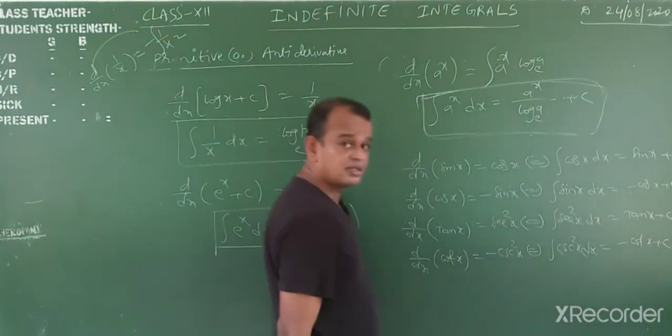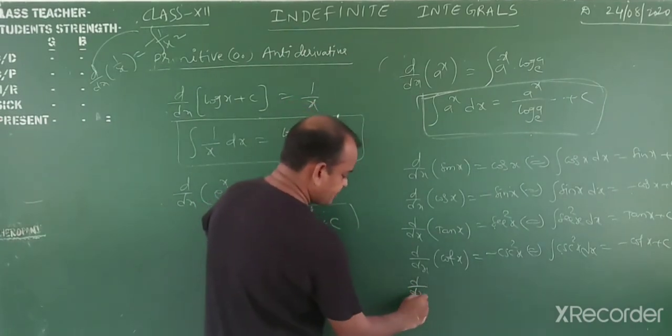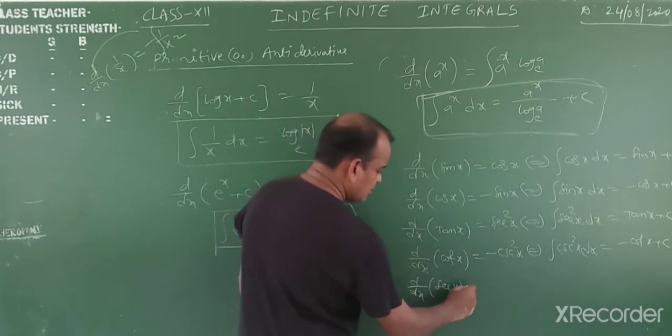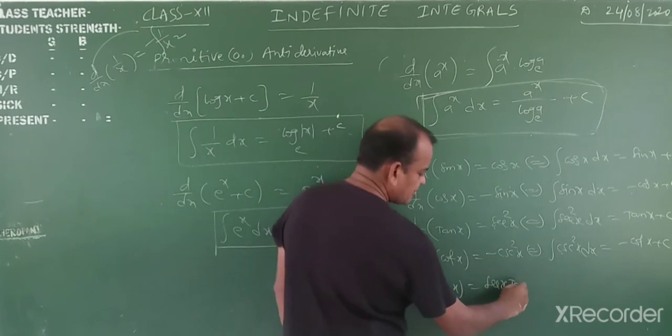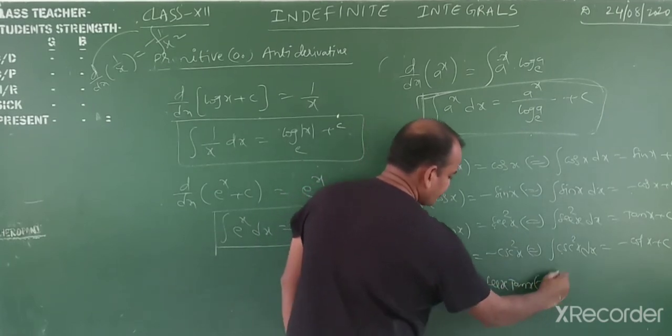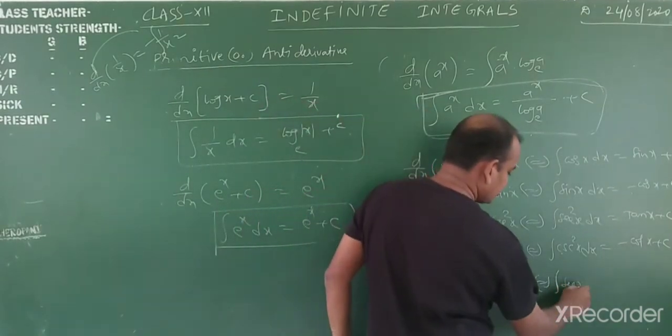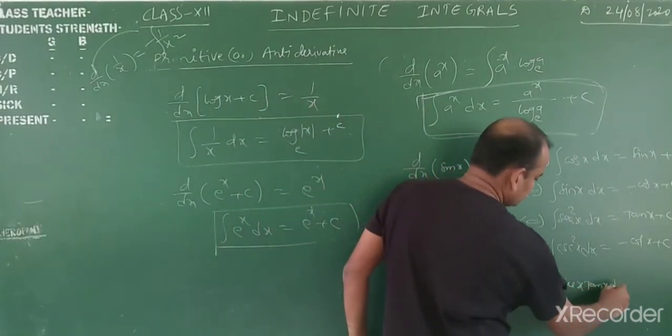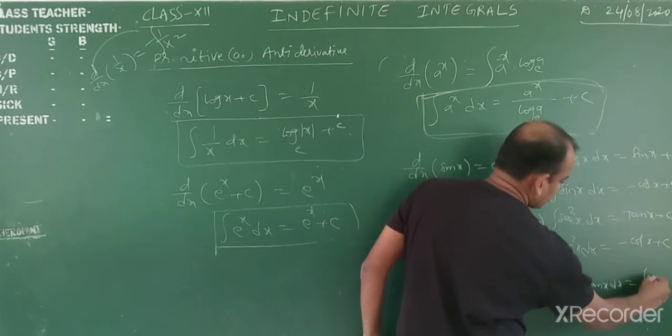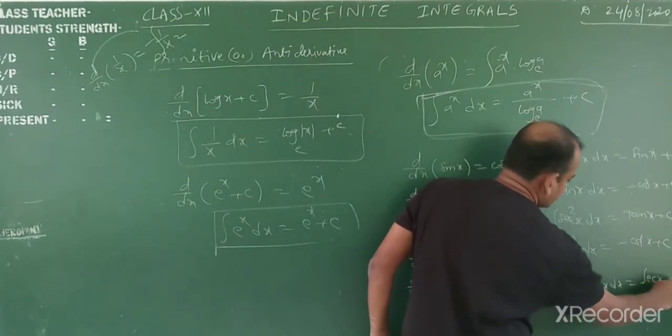Okay, my dear students. Now differentiation of secant x equals secant x tan x. What about the antiderivative? The integral of secant x tan x equals secant x plus c.